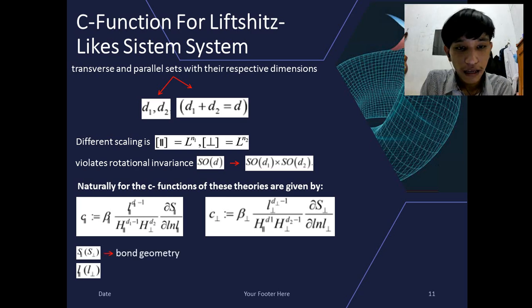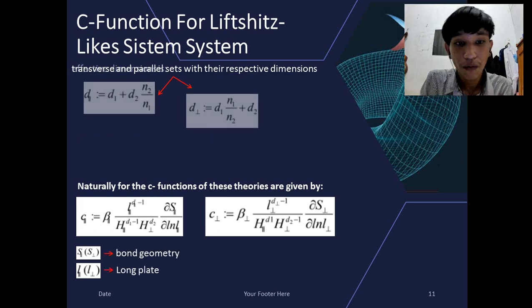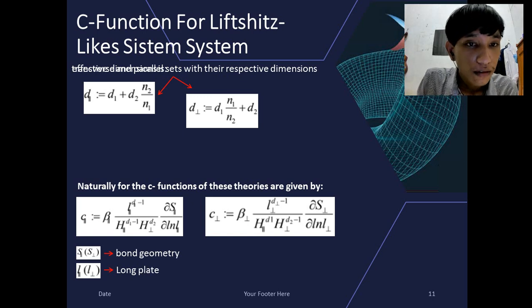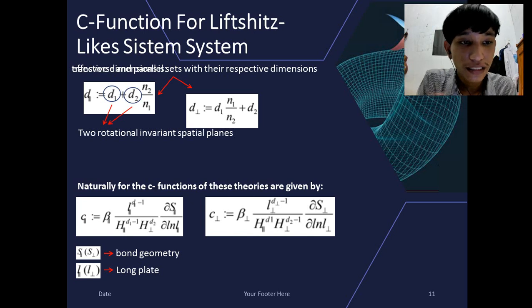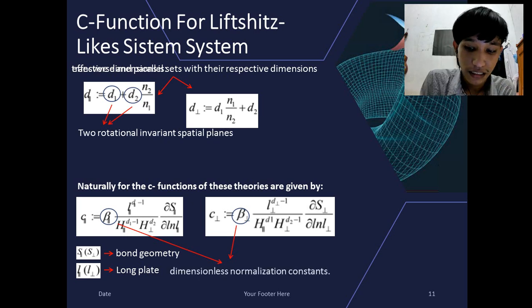And I want to tell about the bond geometry, and the second is the long plates. After that, you see the dimensions D1 and D2 are the two rotationally invariant spatial planes, and beta is a dimensionless normalization constant.